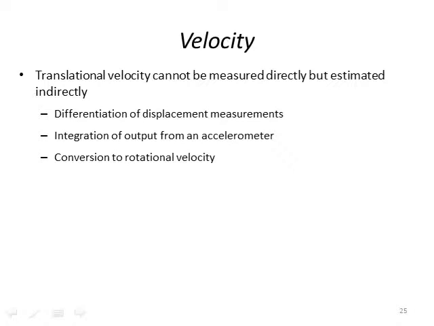We can integrate the output from an accelerometer, which measures acceleration, and we know that acceleration is equal to dv/dt, so we can integrate that. And we could do conversion to a rotational velocity as well. So instead of meters per second, we would have radians per second, and then we can convert it by doing the 2 pi operation.